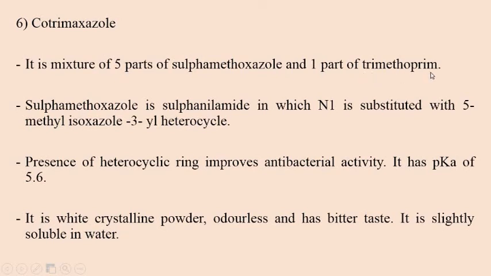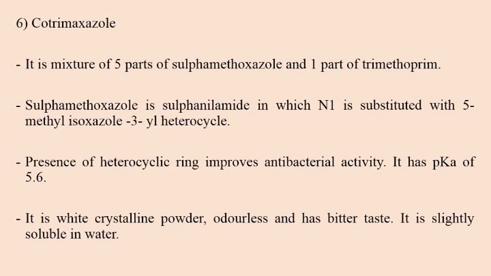So it's a combination of these 2. Remember the parts. Sulphamethoxazole is 5 parts, 1 part is trimethoprim. Sulphamethoxazole is sulphanilamide in which the N1 position has a 5-methyl isoxazole ring.